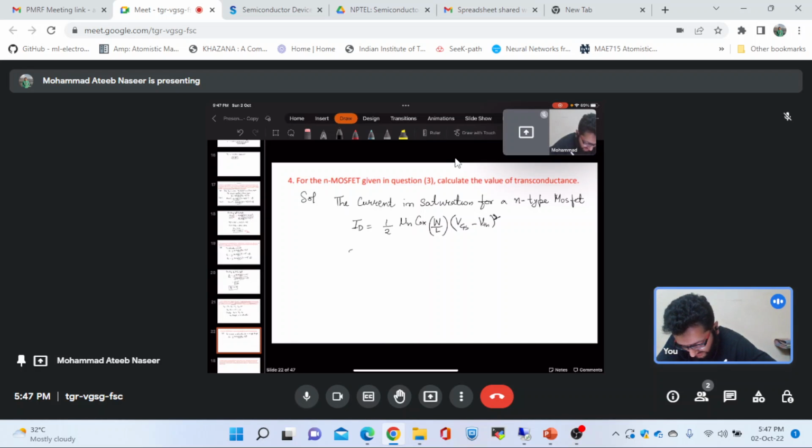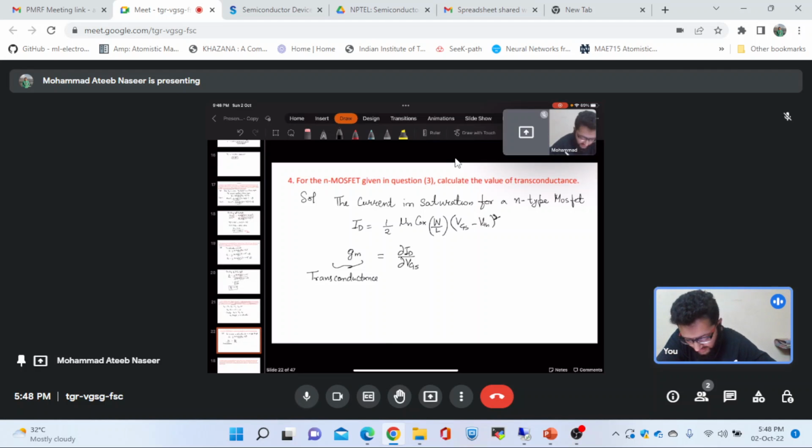Now this transconductance is GM, and transconductance is given by dID by dVGS.